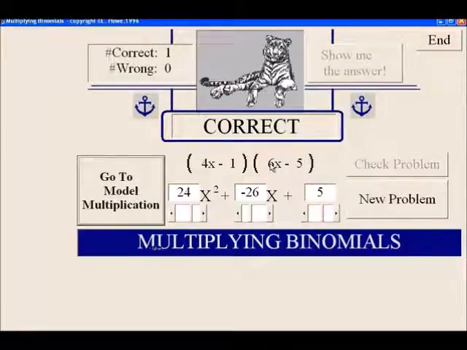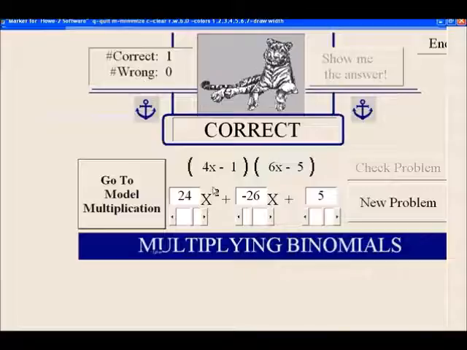Now, let's talk about the multiplications that we just did. The 4x multiplied the 6x, and it multiplied the 5.